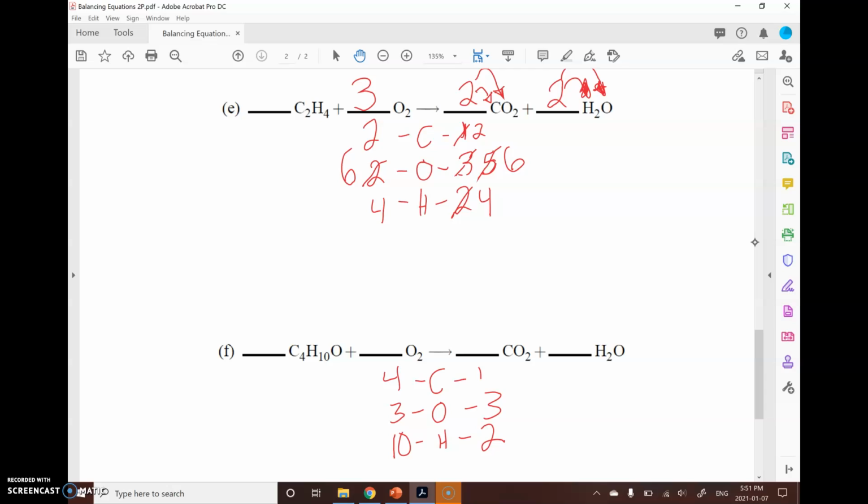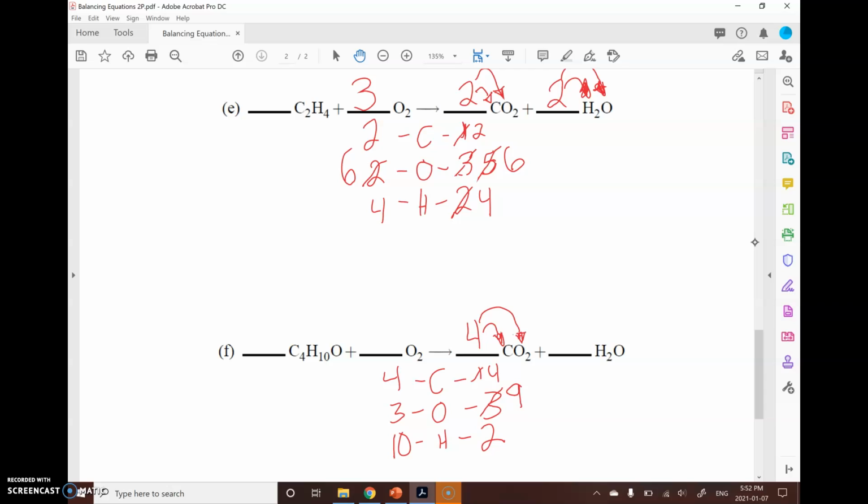Okay, so my carbon's not good. I got 4 on this side, 1 on here. So since I have 1 here, I need to put 4 in front so that I can have 4 carbons. So 4 times the 1, but then it's the 4 times the 2 too. So that's going to be 8 plus that 1 gives me 9.